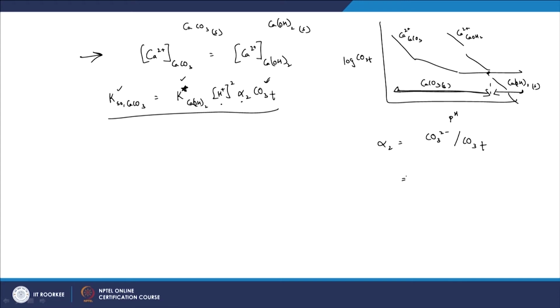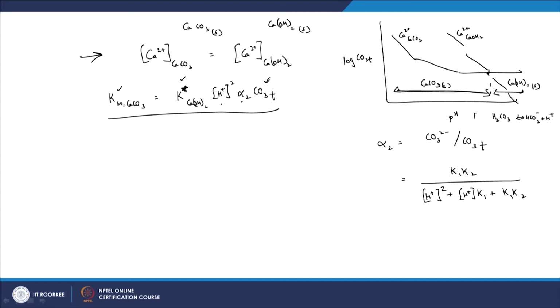But we can also express that as K1 K2 by H+ squared plus H+ into K1 plus K1 K2. This is alpha 2, and K1 and K2 are the acid dissociation constants for H2CO3 dissociating into HCO3- and H+.